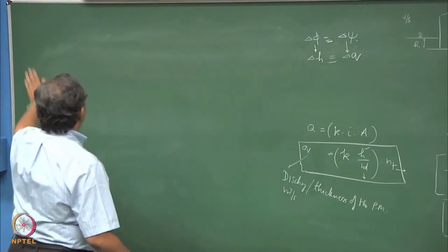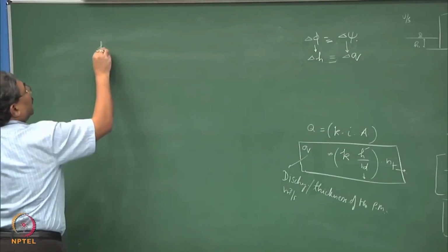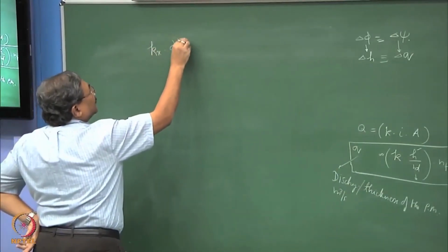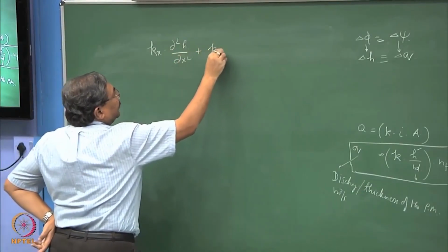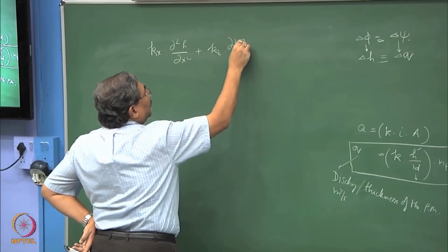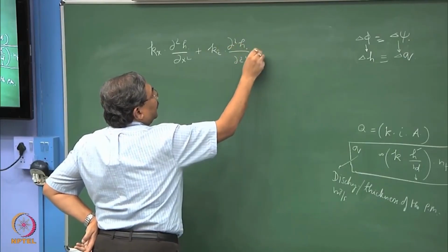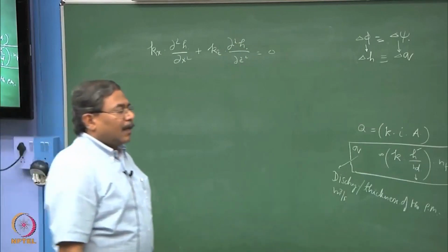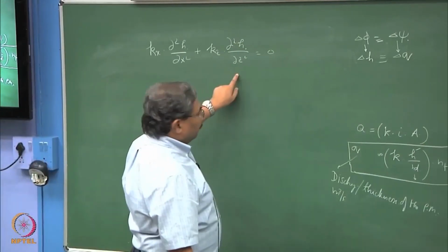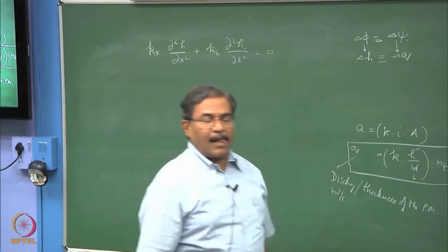So, if I say that k x del square h upon del x square plus k z del square h upon del z square equal to 0, this is the equation for anisotropic condition.